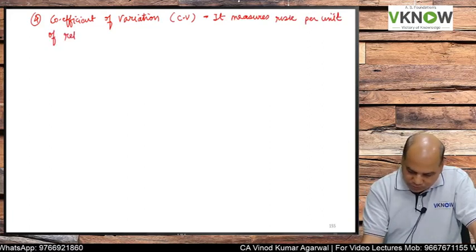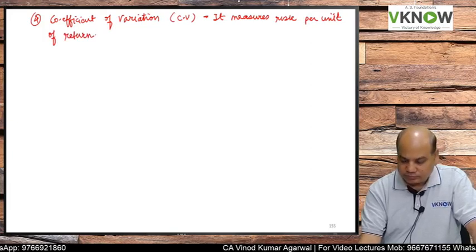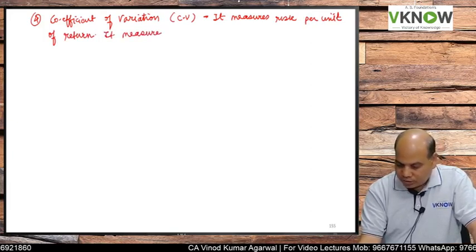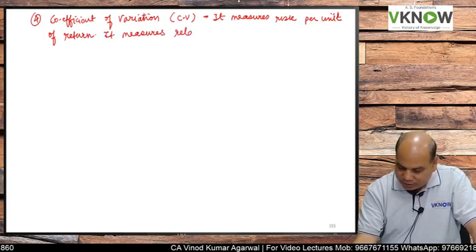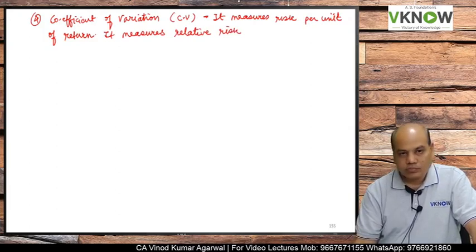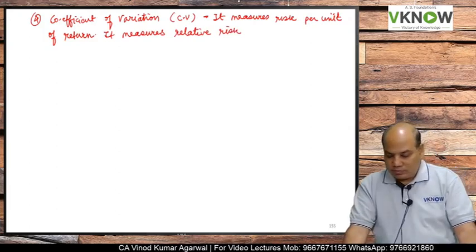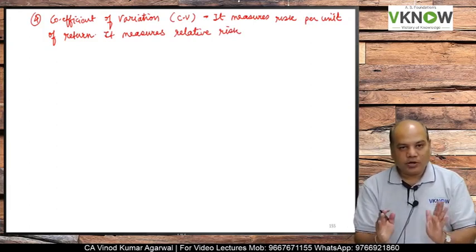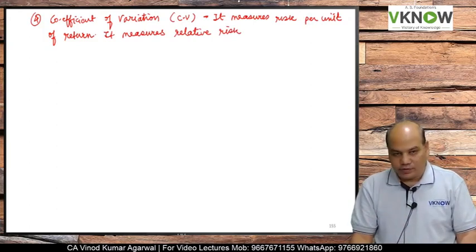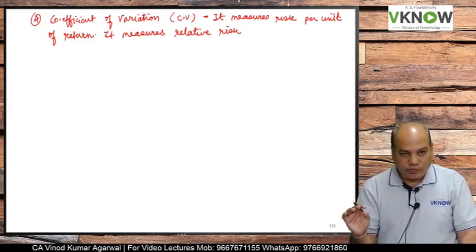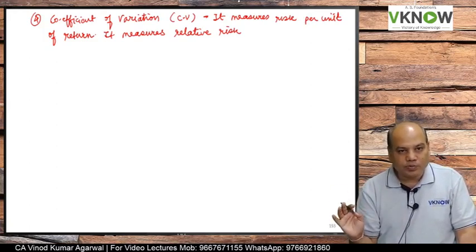It measures relative risk. It is useful for measuring relative risk, so we use the concept of coefficient of variation when we have to compare two or more projects.